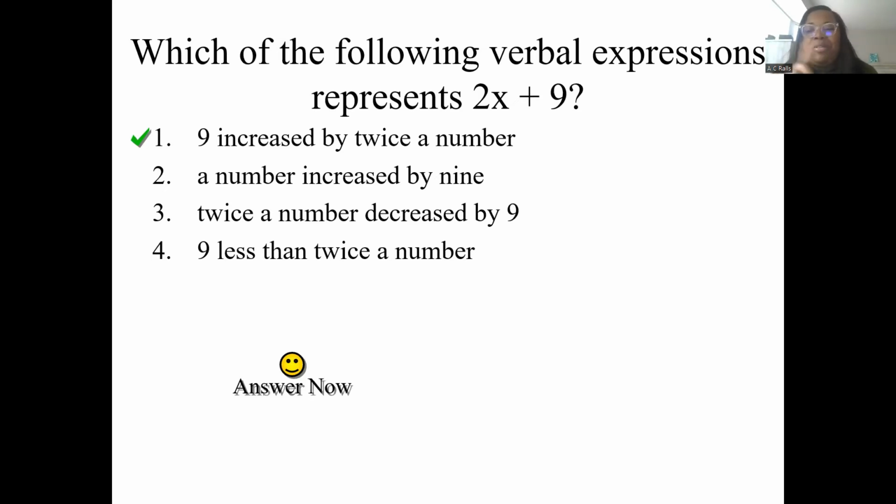Addition is commutative, so that means it can go either way. That's the only one that would show that there was addition happening. So another way I could have said this would be 9 more than twice a number, or twice a number added to 9, or twice a number plus 9.